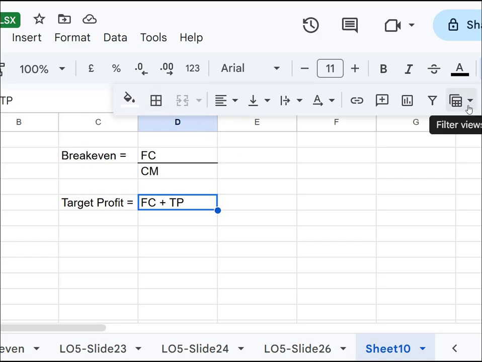Instead of a target profit of zero, maybe we can even just call it target profit. If we want to break even, that's like target profit equals zero. So we just add it to the numerator in addition to our fixed costs.